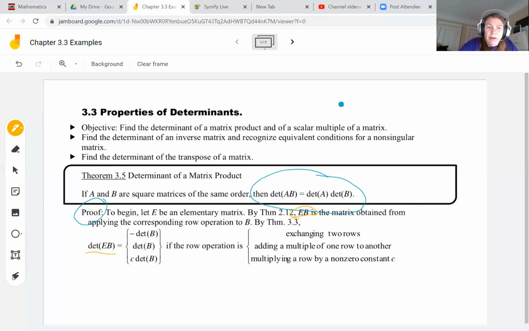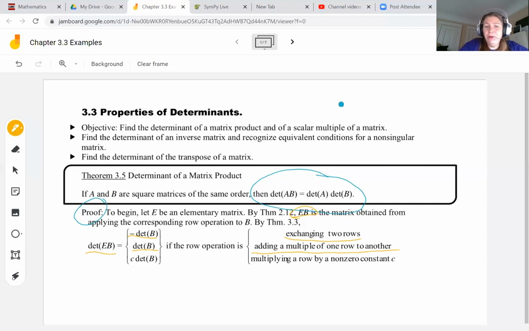So our determinant of EB could equal negative determinant of B if that elementary matrix E is exchanging two rows. If our elementary matrix E is adding a multiple of one row to another, that's not going to change the determinant. That was part B of theorem 3.3.